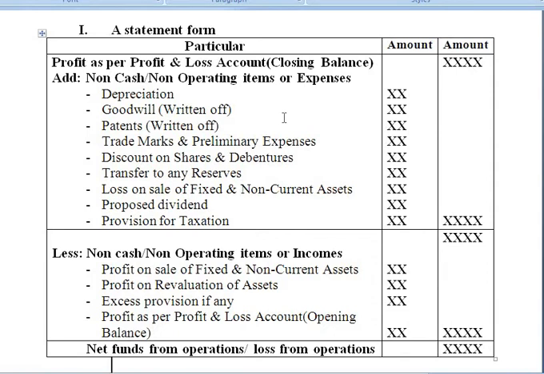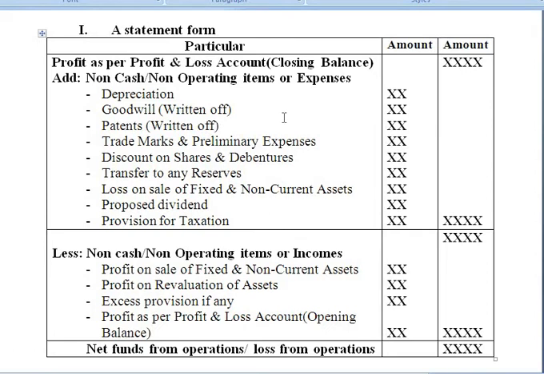When we prepare the funds flow statement, we want to know how much profit the firm has earned from its operating activities. To find that out, we take revenue from operations, expenses relating to that revenue, and the balance will be your funds from operations.